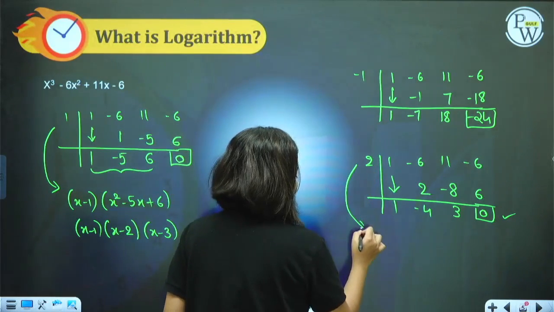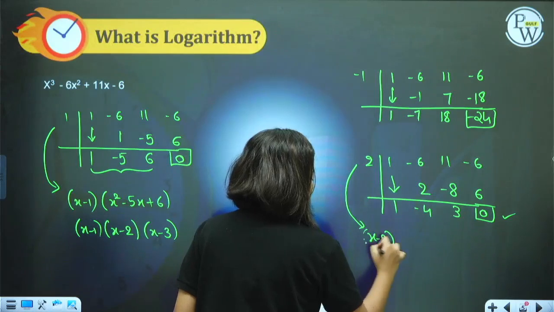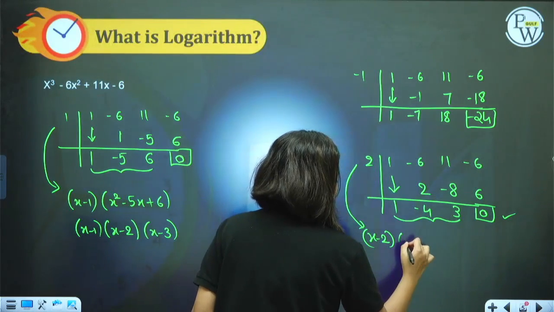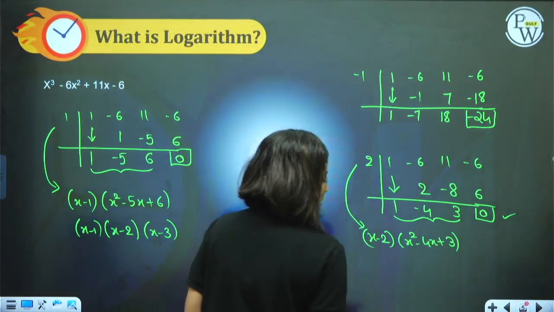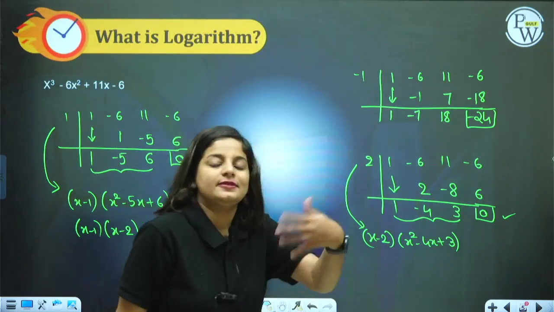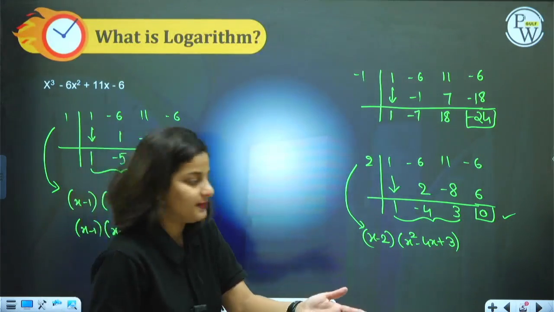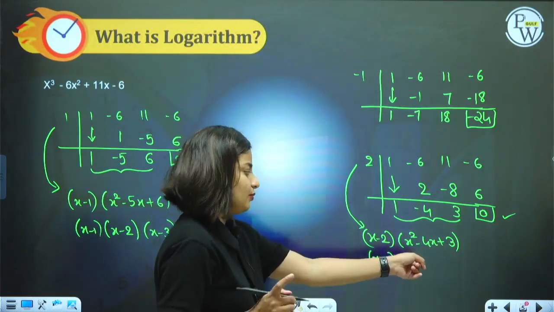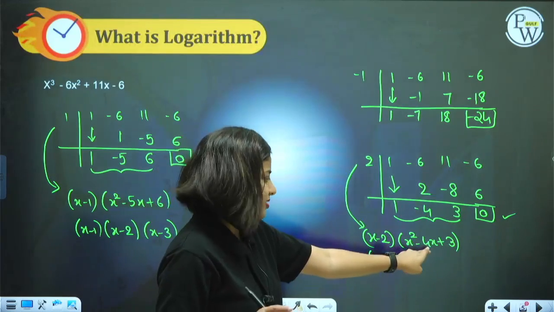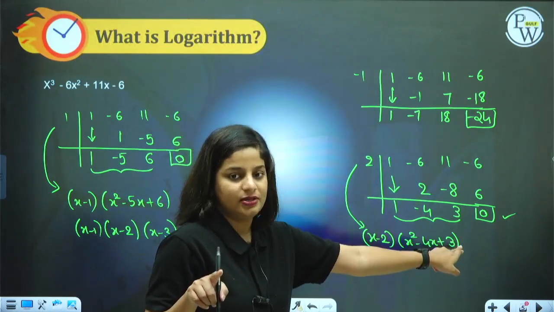Now this should be written as x minus 2 and these three terms as x square minus 4x plus 3. Further, x square minus 4x plus 3 can be factorized. You all know what the factors are? 3. So 3 1s are 3, minus 3 minus 1 minus 4, minus 3 into minus 1 plus 3.